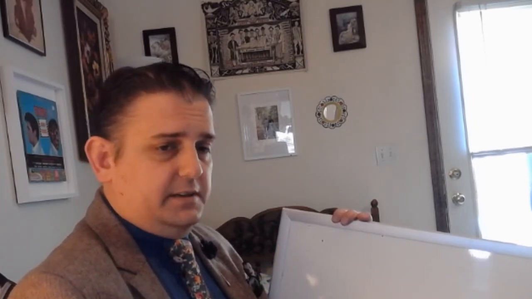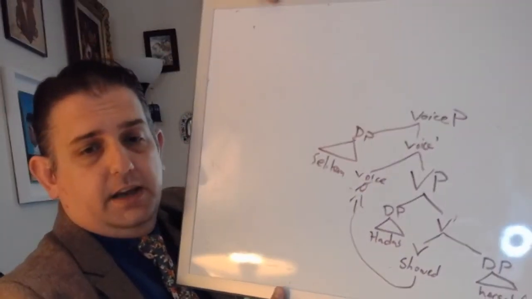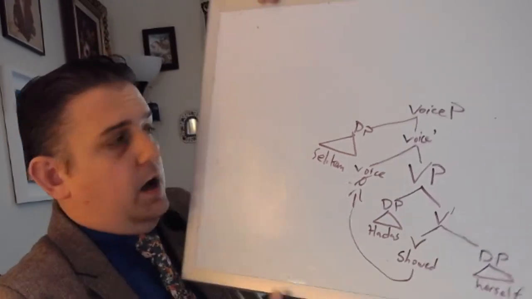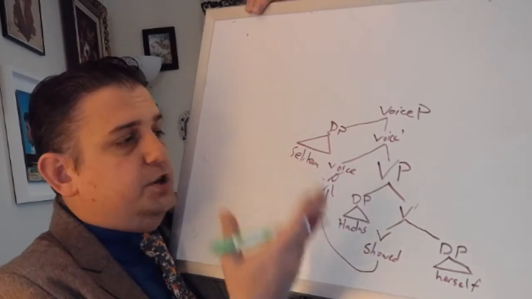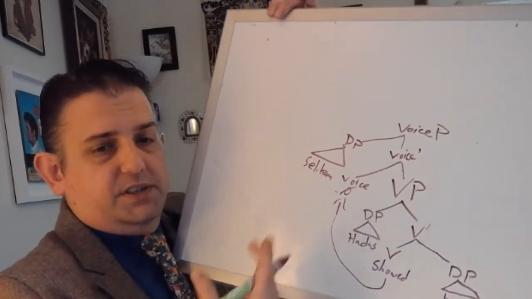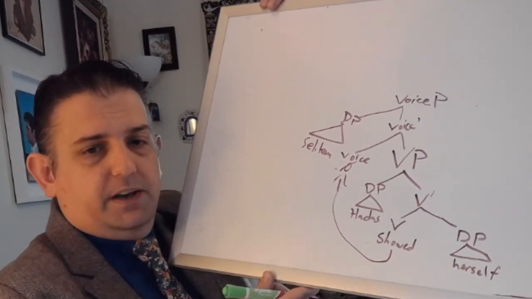And so voice can also be passive. So now we have a new explanation for our passives, in which case it has no theta role to assign. Perhaps it has overt morphology and so forth. So that's basically the explanation that we have here. The rest of the tree structure is going to be the same as we've done before. But we now have a new available position structurally to put arguments in, which allows us to explain our ditransitives.